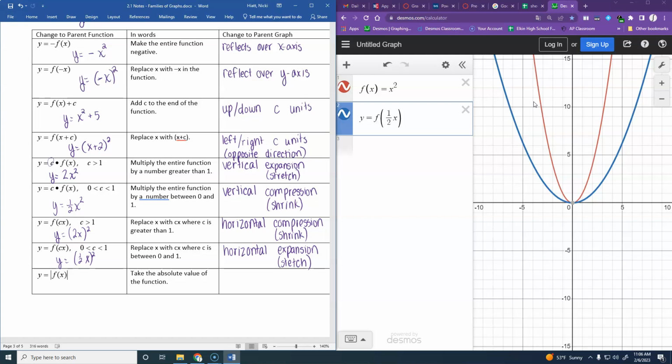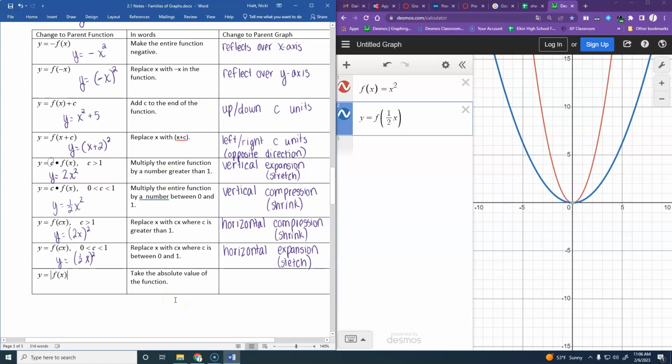Which is going to make that graph look wider. Okay, we'll talk a little bit more about this, but the expansions and compressions are usually the tricky part. Those are a little tricky.